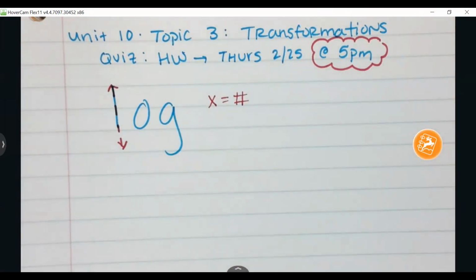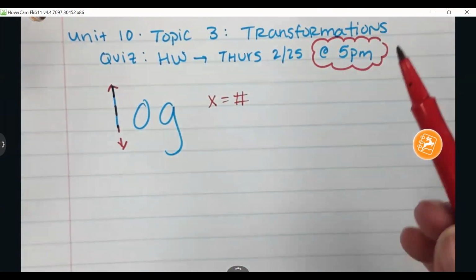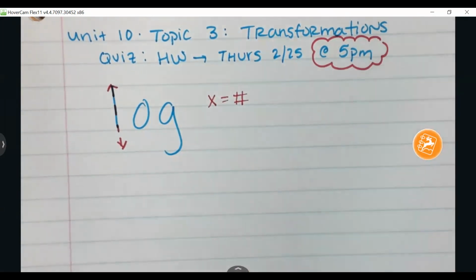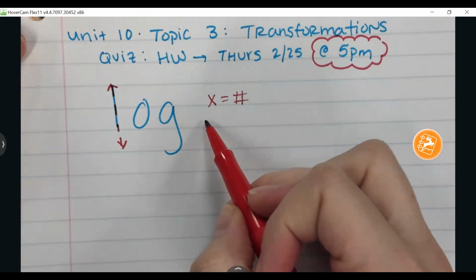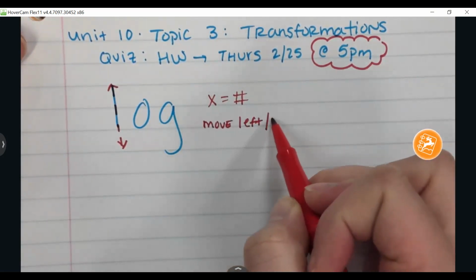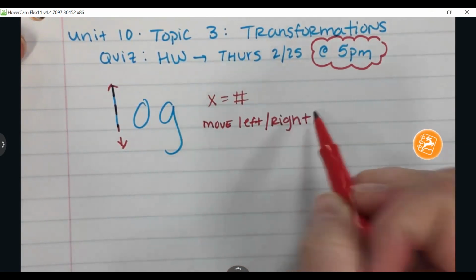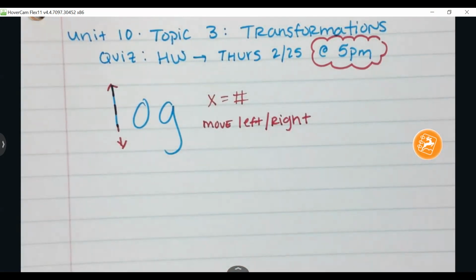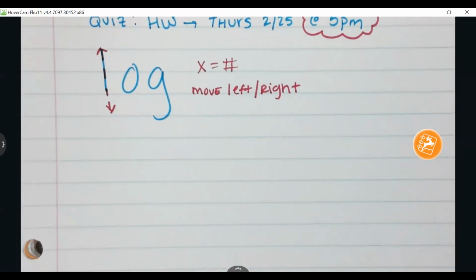Thank you. It cuts through the x-axis. And so something that is up and down has to move in the x direction. So it can only move left or right because it's moving in the x direction.